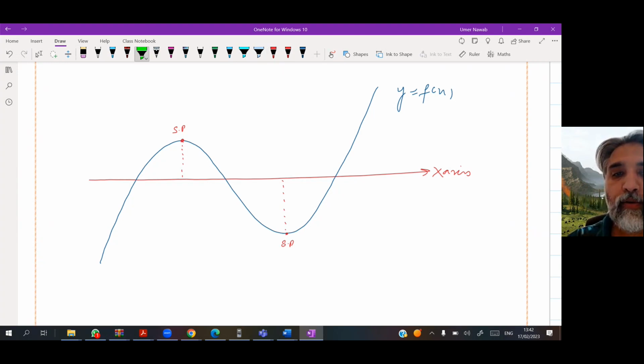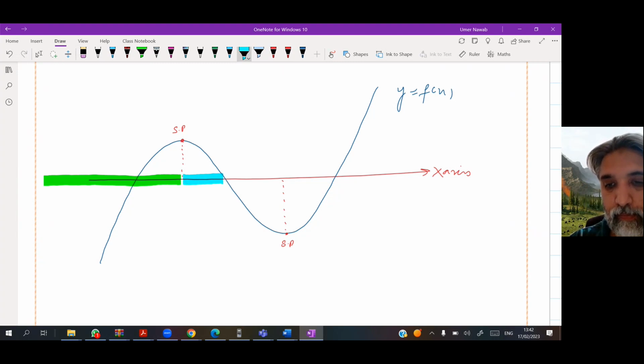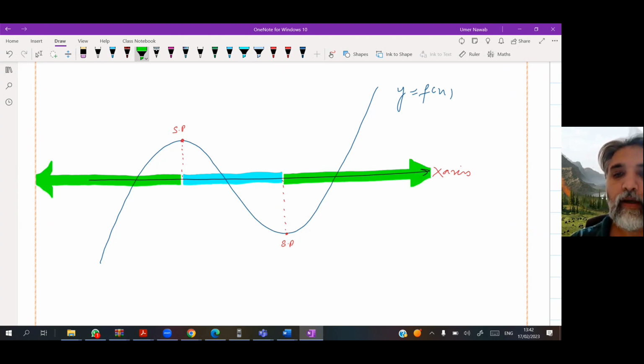Okay, now your x-axis is divided by these stationary points in this way. How? You can see your graph is increasing from minus infinity to this value.